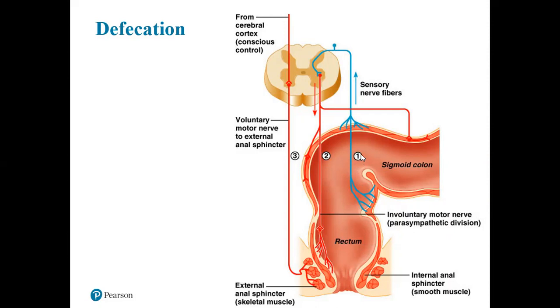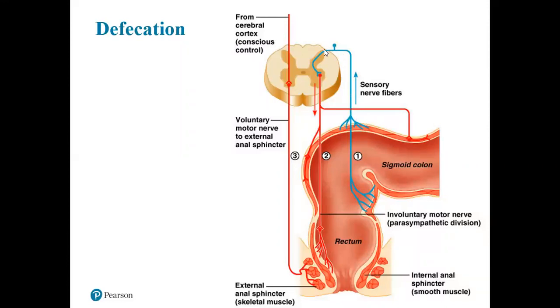And as the walls start to stretch due to fecal contents, then an afferent nerve is activated. That sensory nerve is going to send information up to the cortex and say, hey, is this a good time to go to the bathroom? And then that cortex will send a message down, yes or no.